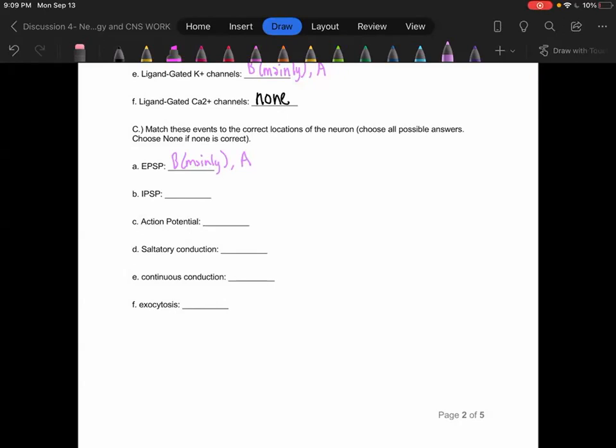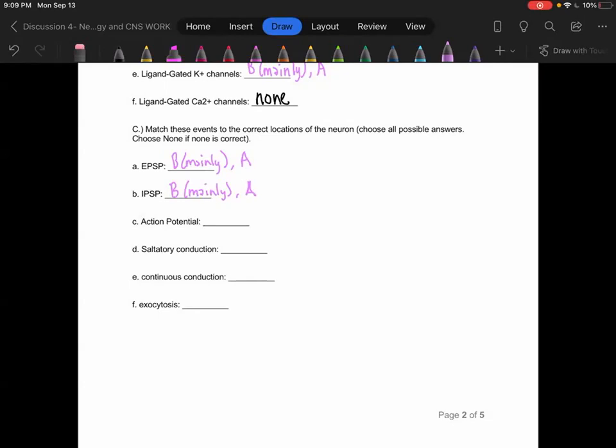Our inhibitory postsynaptic potential, same location, mainly at those dendrites, also at those cell bodies. And an example you can think of there is those ligand-gated potassium channels opening, which causes potassium to flow out of the cell, making it more negative, so causing that repolarization.